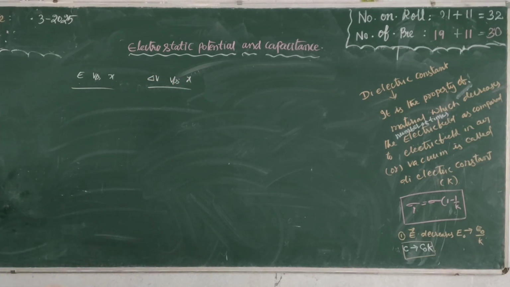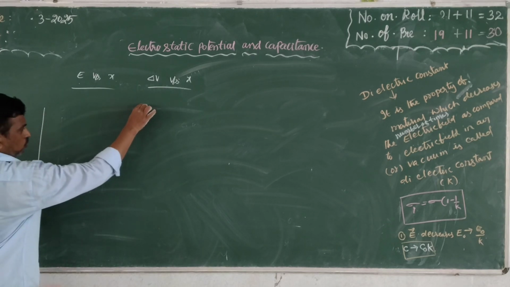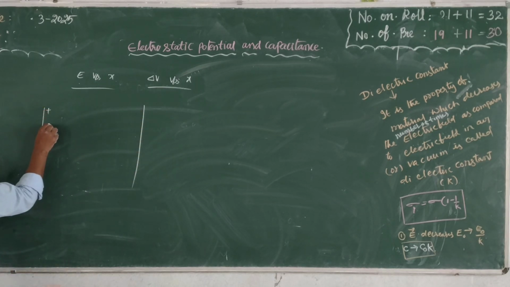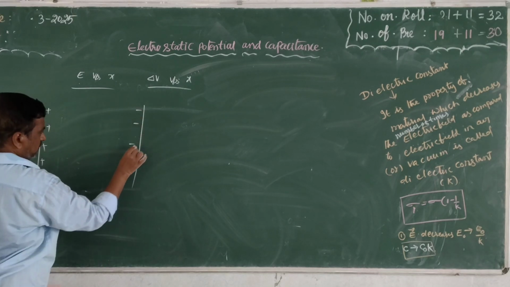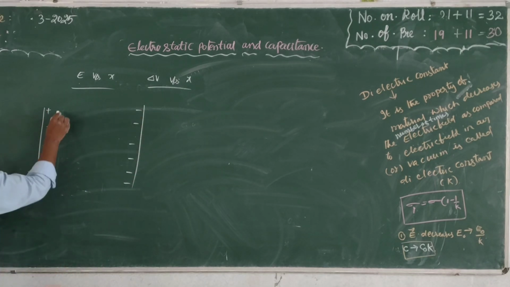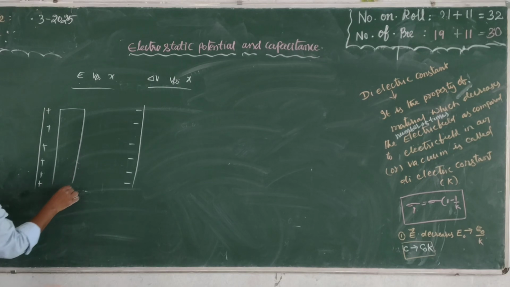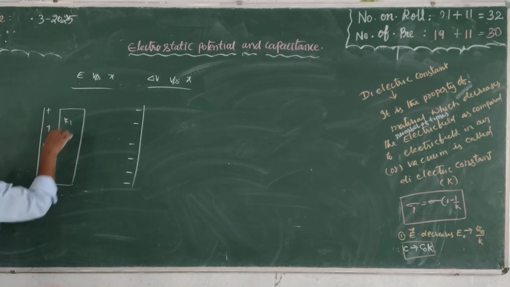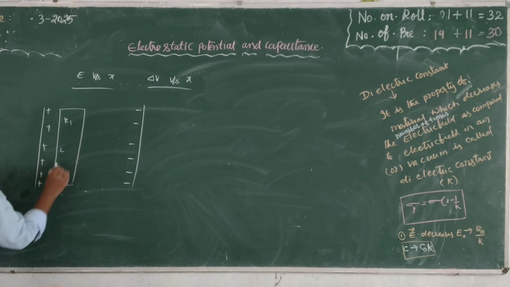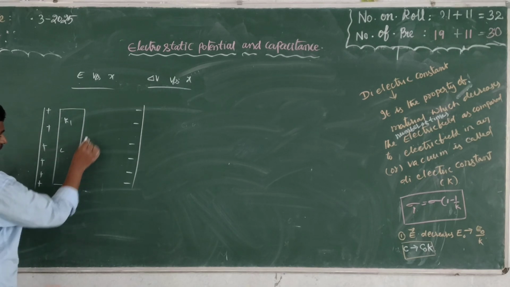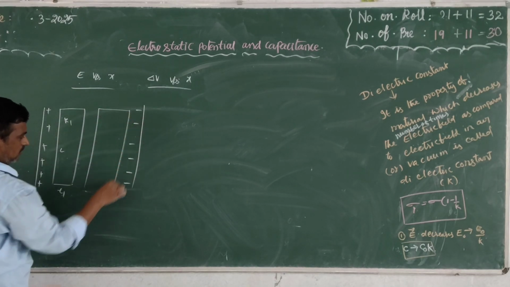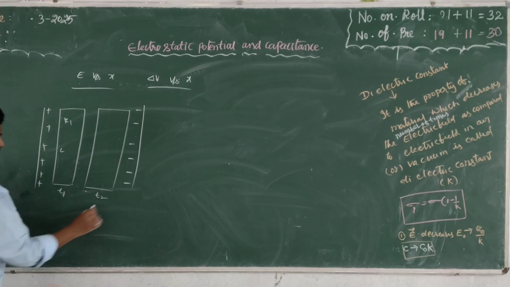For that, see what we can take now: two dielectrics are placed, here plus, here minus. Here one dielectric, its dielectric constant is k1, its thickness is t1. One more dielectric here, t2.